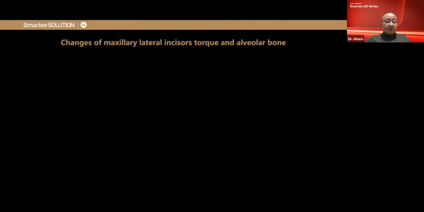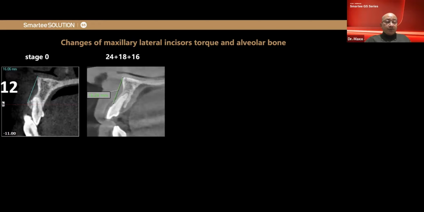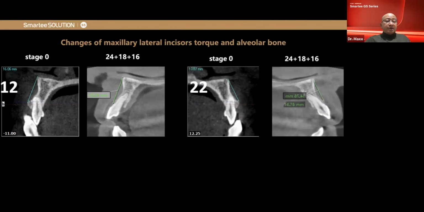At the same time, let me examine the changes of the maxillary lateral incisor root and alveolar bone with the help of Smartee aligners. We get a quite good result. The bone and root relationship of the maxillary lateral incisors is quite good.